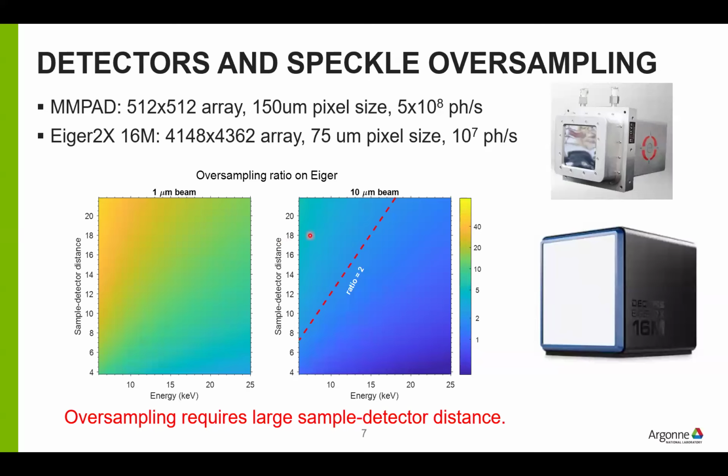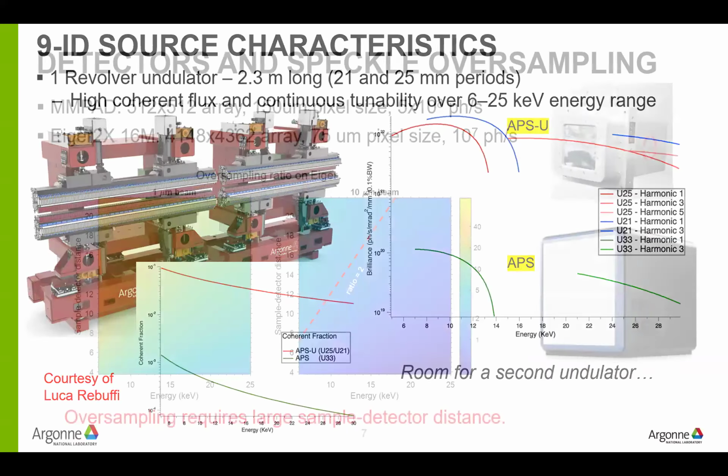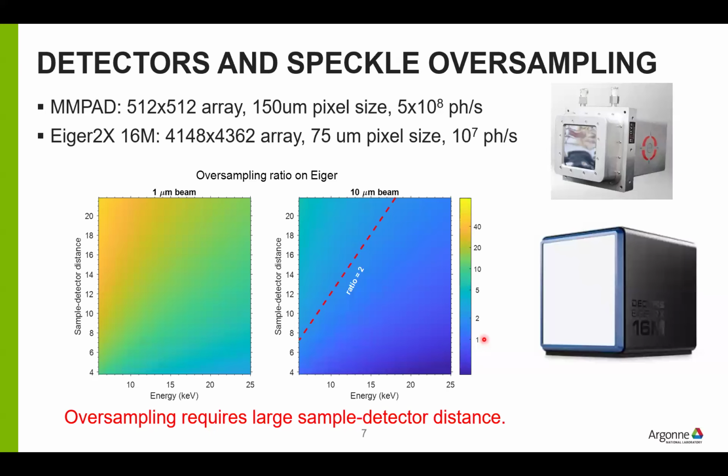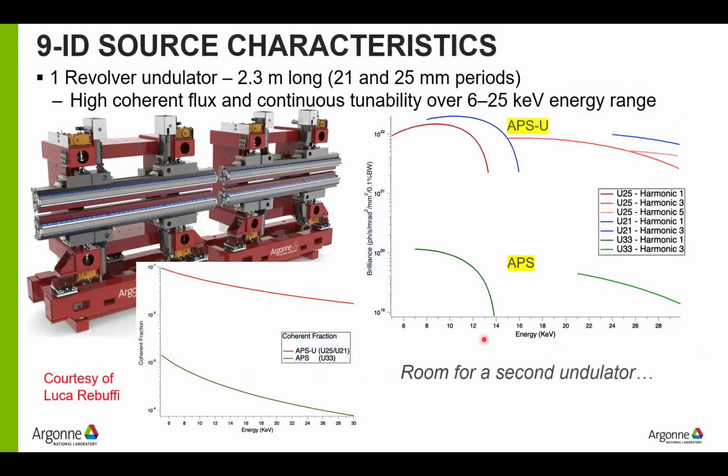Depending on the size of the beam, you can get pretty large oversampling ratios, but it does require fairly large sample detector distances and a detector with small pixels like the Eiger 16M that you see here. And so that explains, I hope, why we have a very large flight path, which I'll show you in a minute.